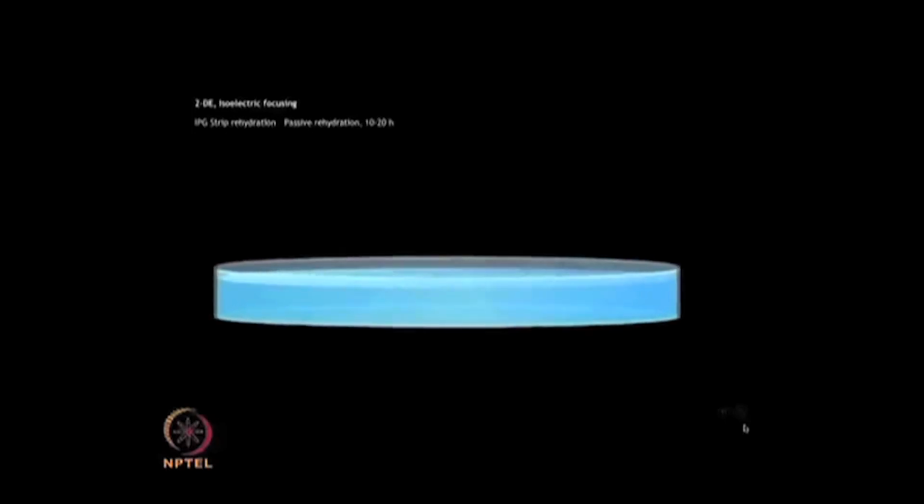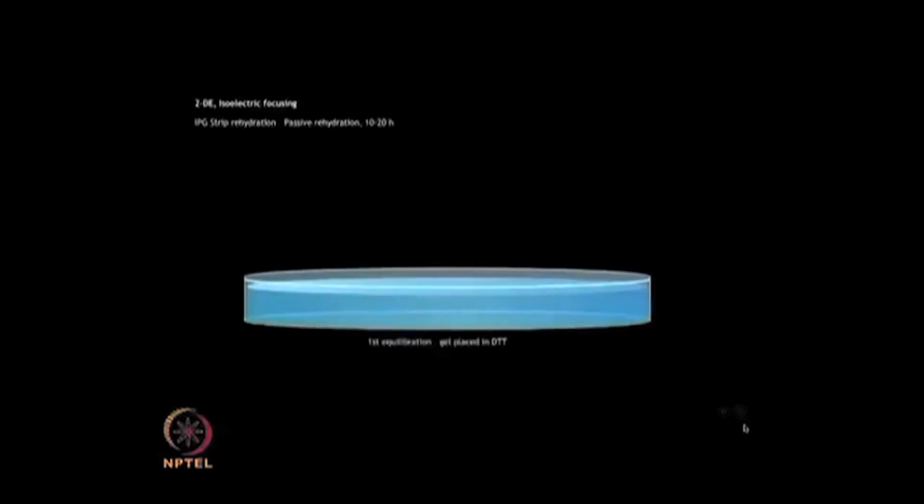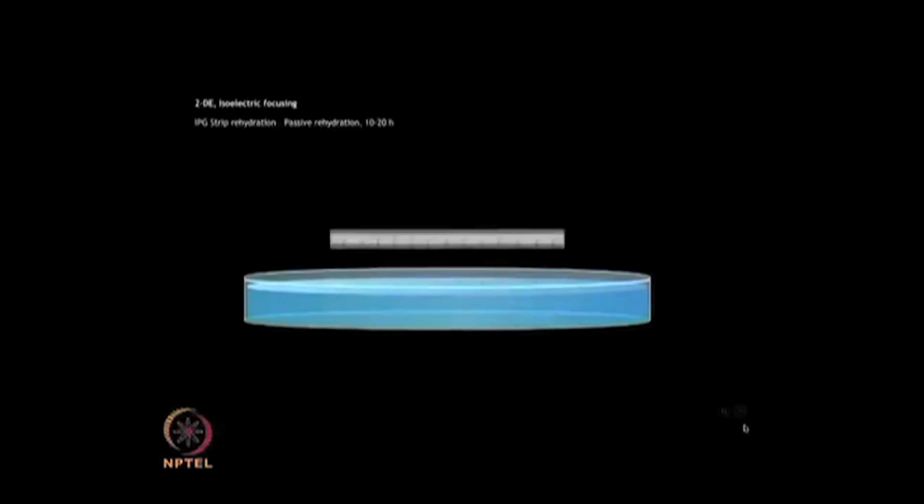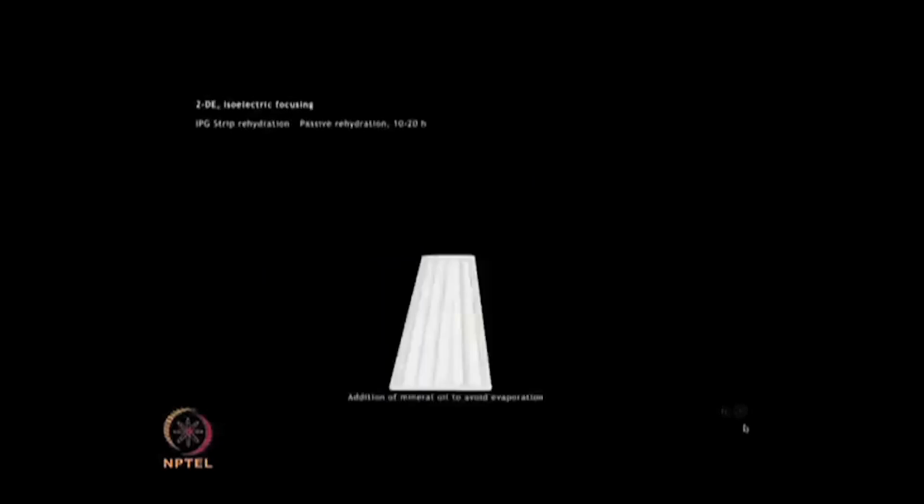Prior to isoelectric focusing in two-dimensional electrophoresis, the commercially available IPG strips must be rehydrated. This can be done either by passive rehydration or active rehydration. In passive rehydration, the IPG strip is placed with its gel side downwards in a well containing the protein sample, reconstituted with a suitable buffer.